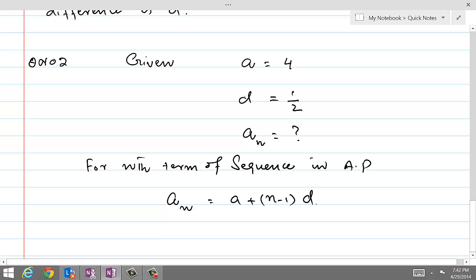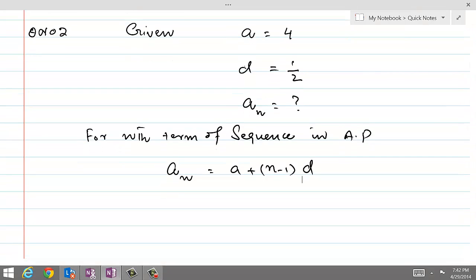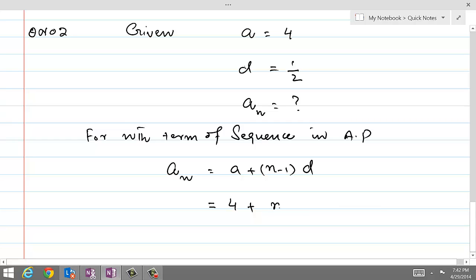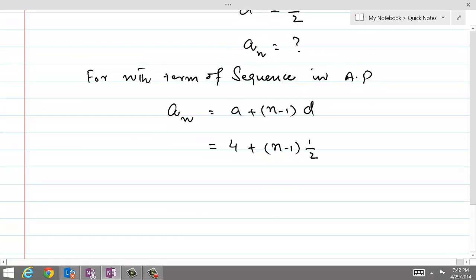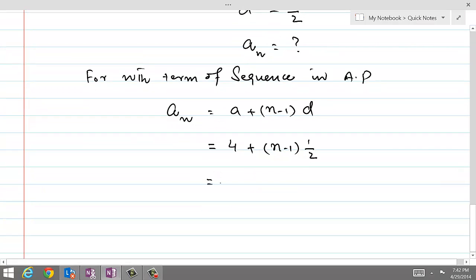Here AN is what we need to find. We just need to substitute the values for A and D. For A, we are given 4, so 4 plus N minus 1 times 1 over 2. Now we will multiply: 4 plus 1 by 2 times N minus 1 by 2.